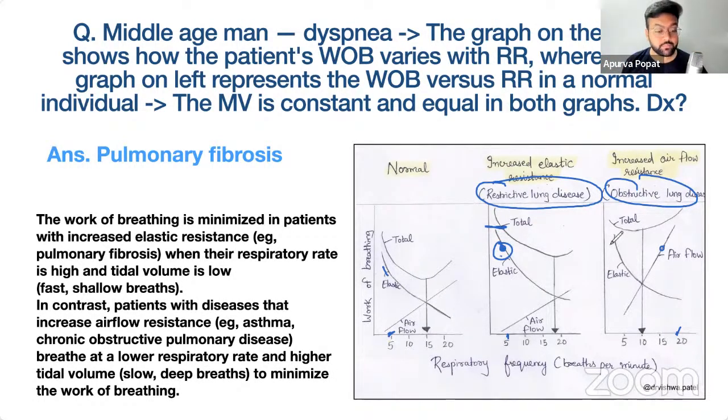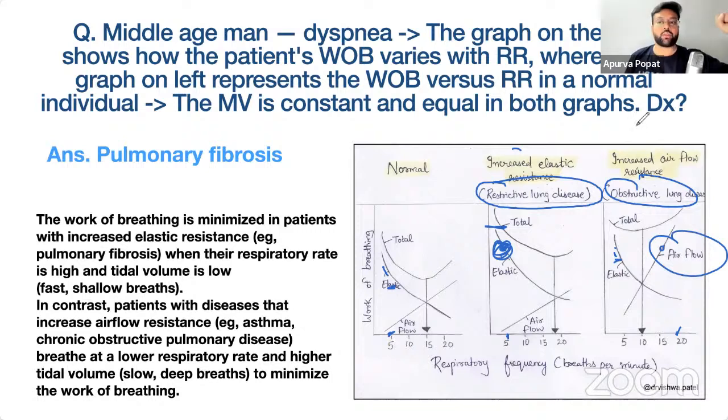In emphysema, your elastic tissue is already digested. In chronic bronchitis, there's nothing happening to your elastic tissue. That's why the graph is a little nearer to normal in obstructive lung disease patients. Okay, so if you just compare these two graphs, the problem is elastic tissue in restrictive lung disease, and the problem is airflow resistance in obstructive lung disease.